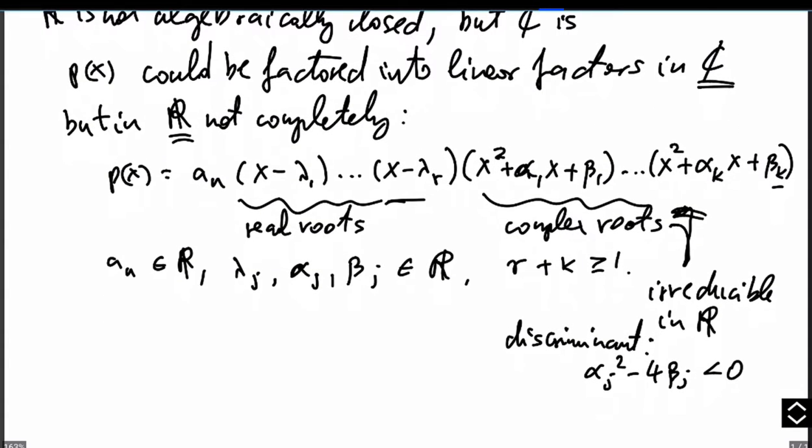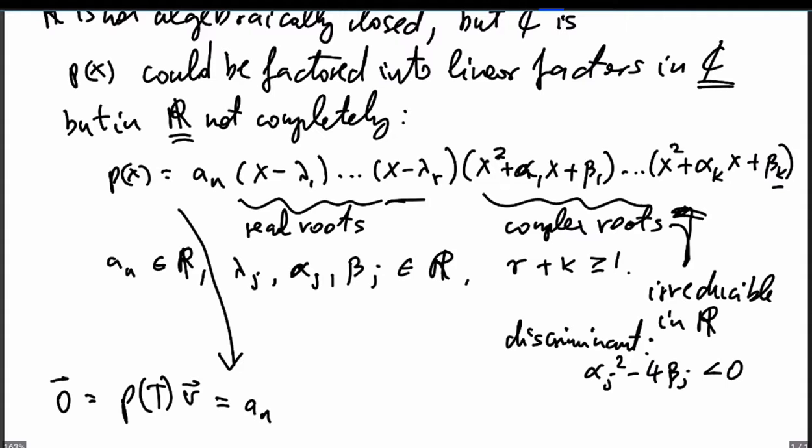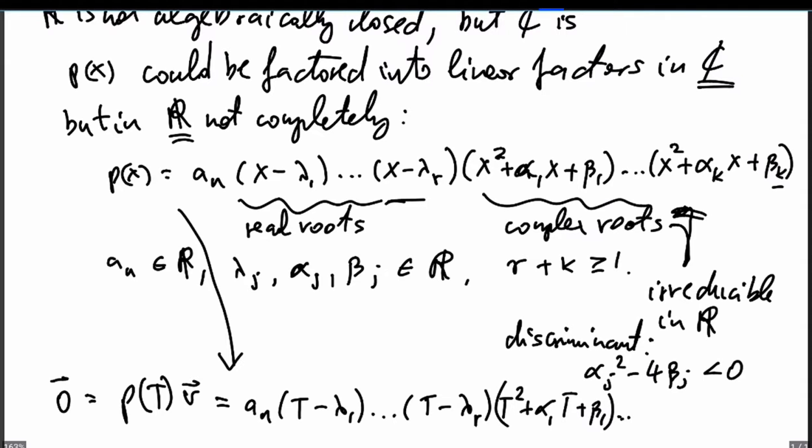So then what we have is the 0 vector if we substitute the operator T into this polynomial and then apply it to v. In the factored form, this becomes an (T minus lambda 1) ... (T minus lambda r), and then the quadratic parts (T squared plus alpha 1 T plus beta 1) ... (T squared plus alpha k T plus beta k) applied to the vector v.